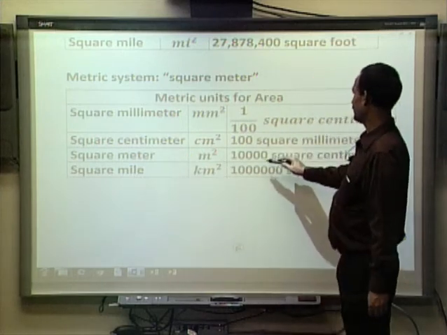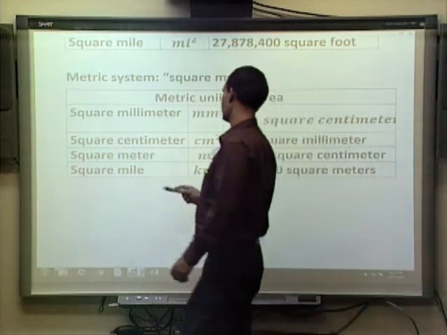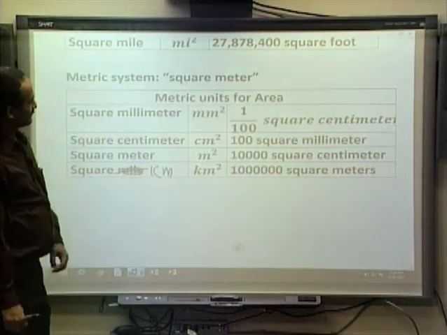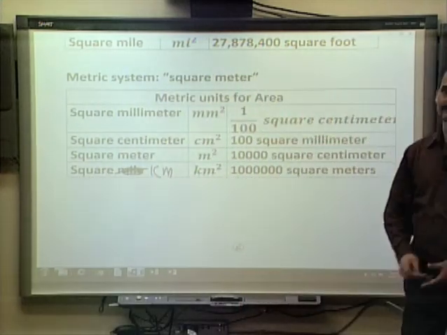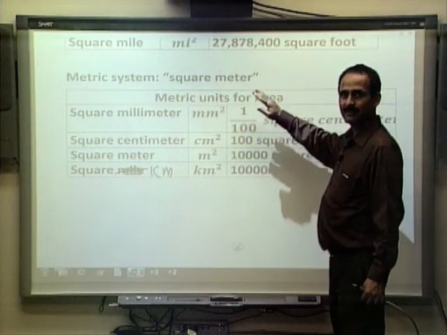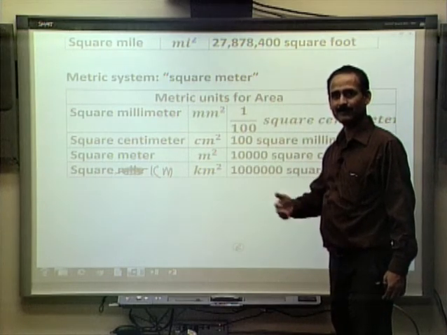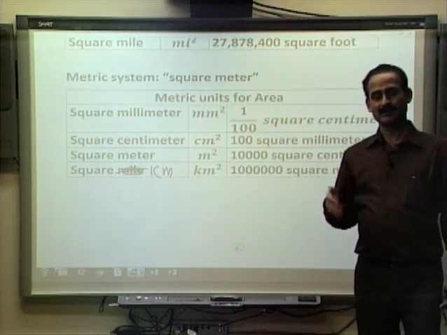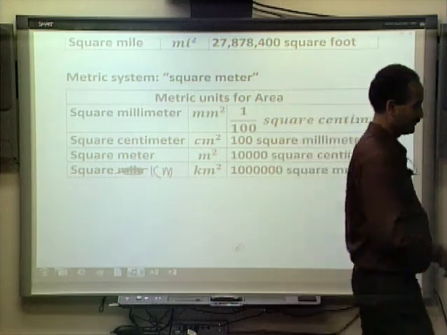Square meter is 10,000 square centimeter, and square kilometer is this big number of square meters. The nice thing is everything is powers of 10. You are dividing by 10, 100, 1000, 10,000 and so on, or you are multiplying by 10, 100, 1000, 10,000, 100,000, million and so on.